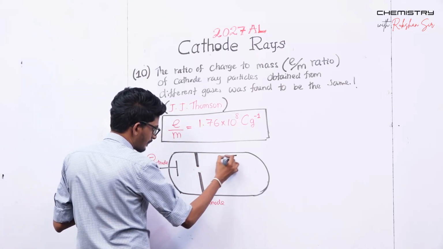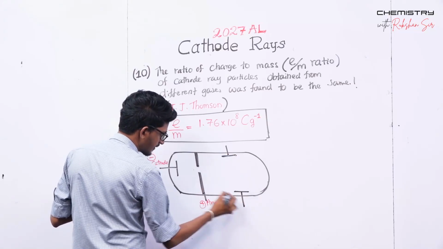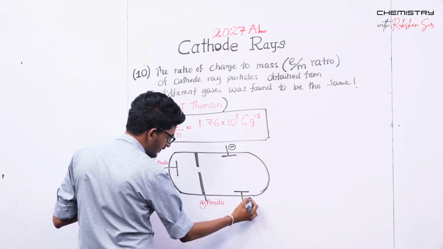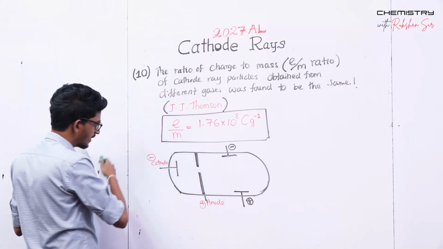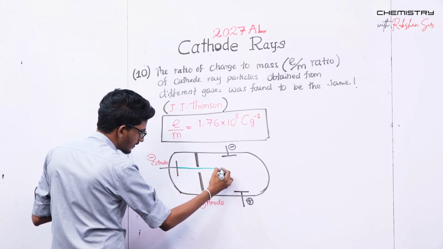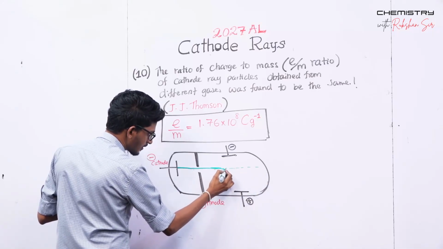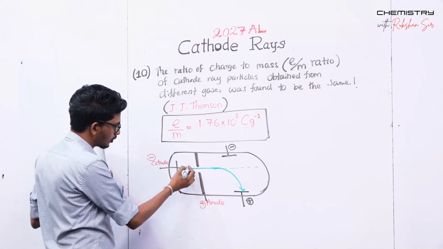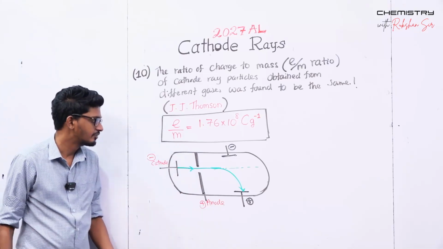Then came the external field. And cathode rays were deviated to the positive plate, no? So actually what Thomson did was this.